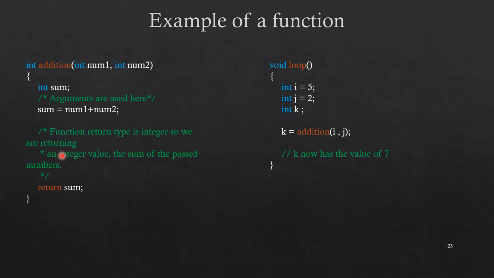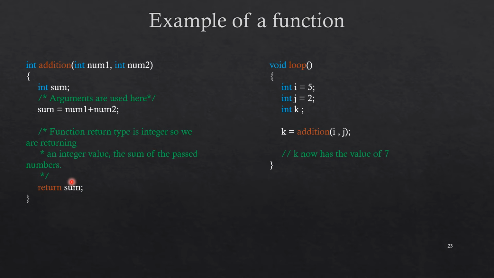Those things in green are just comments. They will not affect anything in the behavior of the function. And here we are adding the values of the argument list and assigning the result to the variable sum. At the end here, we return that variable using the keyword return.